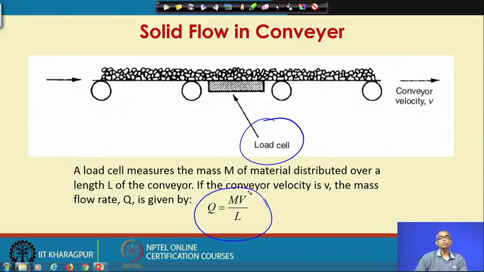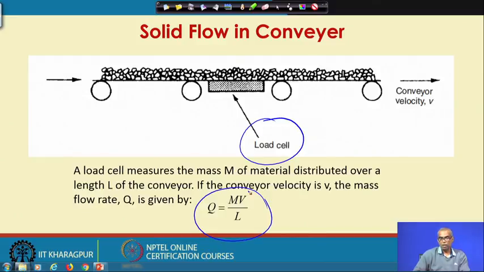You can also use nuclear mass flow meter for measurement of solid flow in conveyor. The nuclear mass flow meter will make use of a gamma ray. So, gamma ray will be sent and from the other end there will be a detector which will again detect the gamma ray.